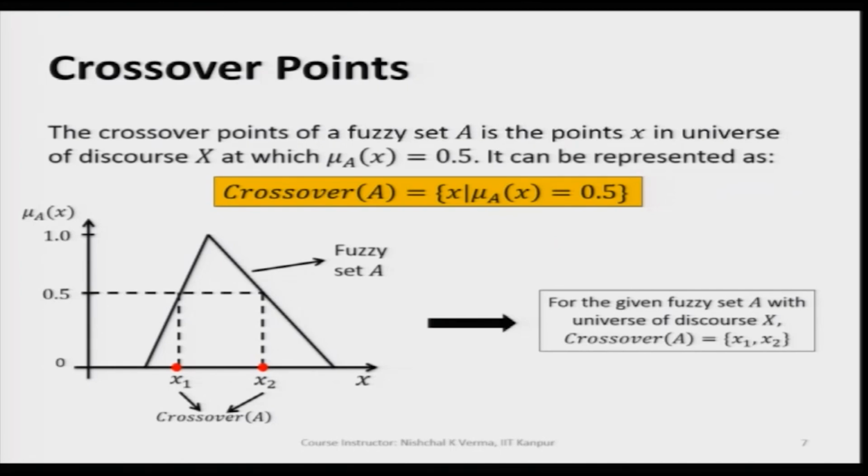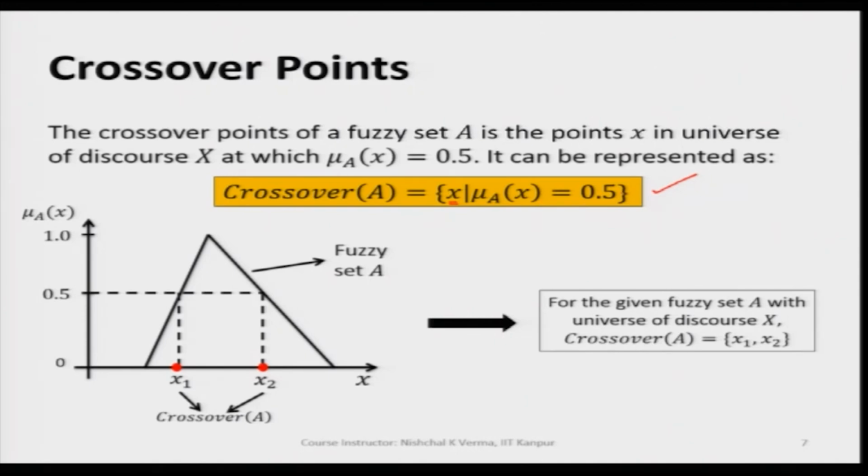It can be represented as the crossover of A, and this will give us a set of all the values of x, which, as we know, are the generic variable values, and these will be only those values for which mu A x is equal to 0.5, meaning the half.